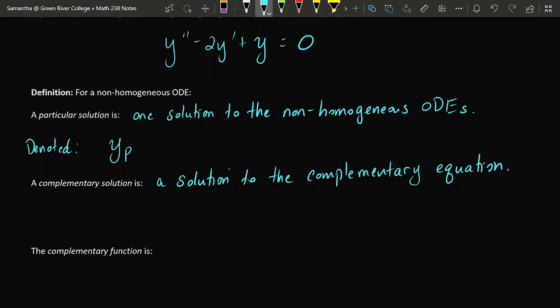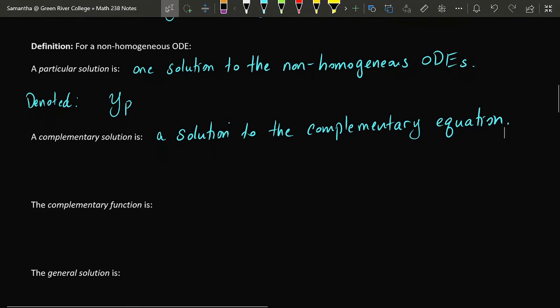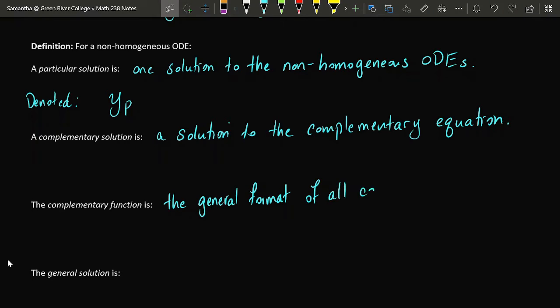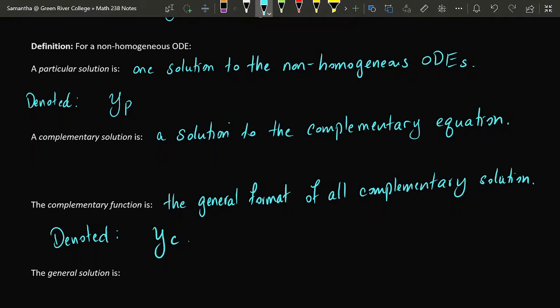The complementary function is the description of the general format of all complementary solutions. The complementary function is usually denoted by y sub c, C for complementary.